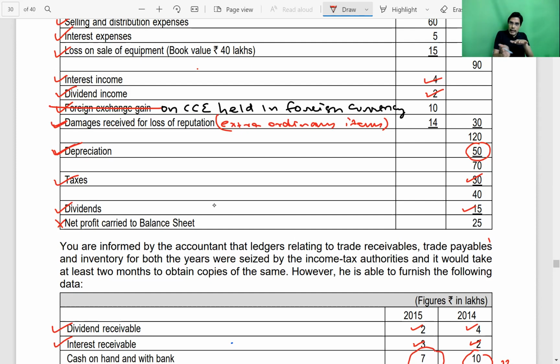With net cash flow, when you add opening CCE, your closing CCE will come less and it will not match with the balance sheet CCE. So to match it, this forex gain at the bottom is added, or in a separate reconciliation table we can add. Next.